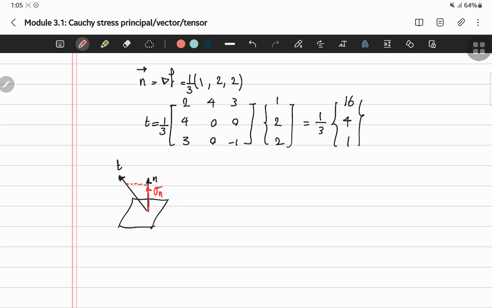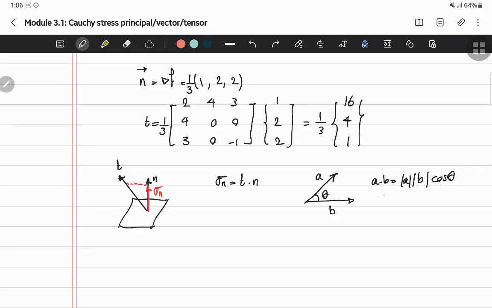Sigma n here is basically equal to t dot n. Because if you remember, if we had two vectors a and b, then a dot b was equal to the magnitude of a times the magnitude of b times the cosine of the angle between them. So this is theta in here again. So basically this is the same. So sigma n is t dot n.